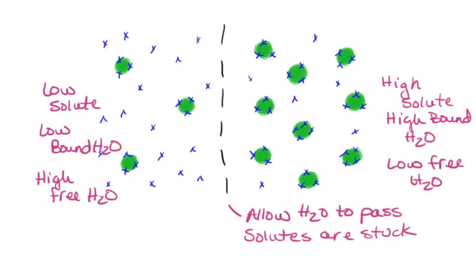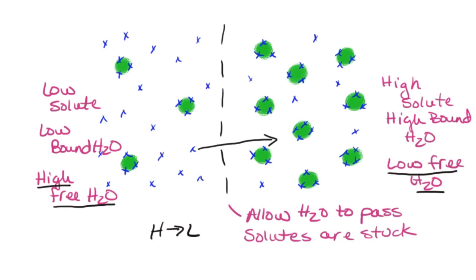Since it is the free water that's doing the diffusing, we have to evaluate the free water concentrations. So note over here we have high free water, and over here we have low free water. And since this is a type of diffusion, we are going to be moving from high to low. So that means that the water molecules are going to want to diffuse in this direction.